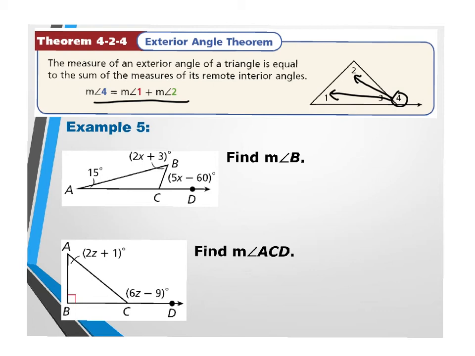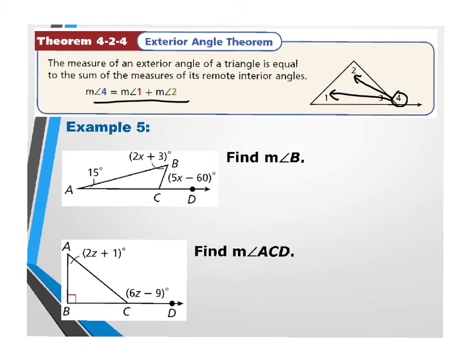So in this next example, find the measurement of B in this triangle. We can do that by using the exterior angle sum theorem to help us find what x is equal to. That's what we need to do first.